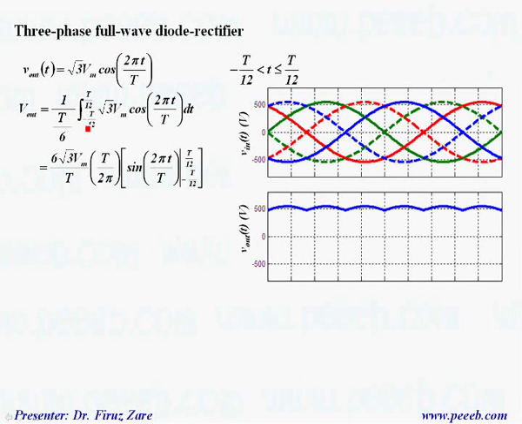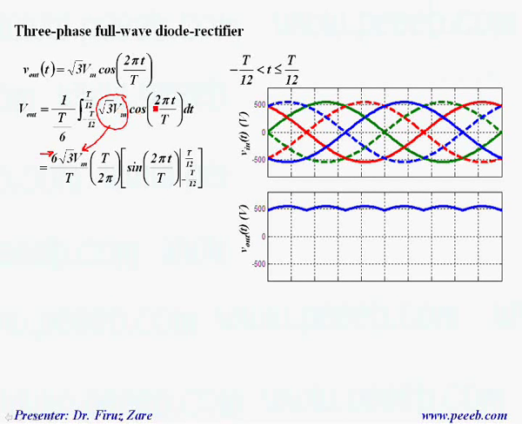So we can simplify the equation: root of 3 times Vm is here, and then 1 over T over 6 can be simplified to this equation.